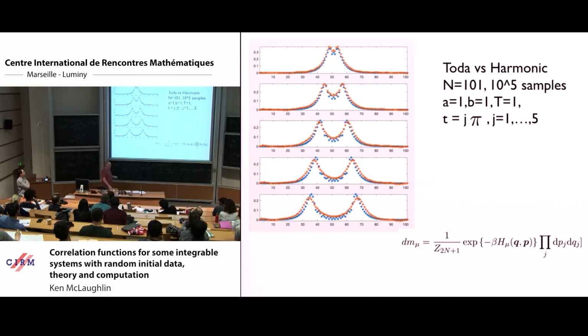I did this because it was easy. It's much easier to sample random variables from the Gibbs measure of the harmonic oscillator because they're Gaussians. I was studying the open Toda lattice case, not periodic, and the Gibbs measure is not finite in that case. You have to do something drastic to it. There's no invariant measure for the open Toda case, so it doesn't matter which one you pick. I just picked the simplest one.